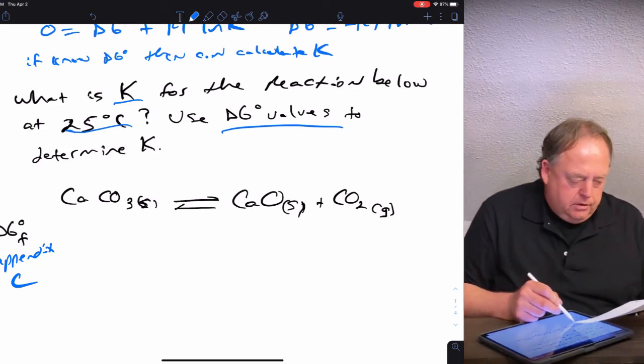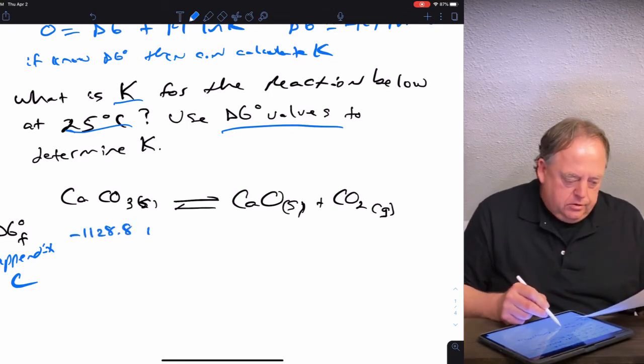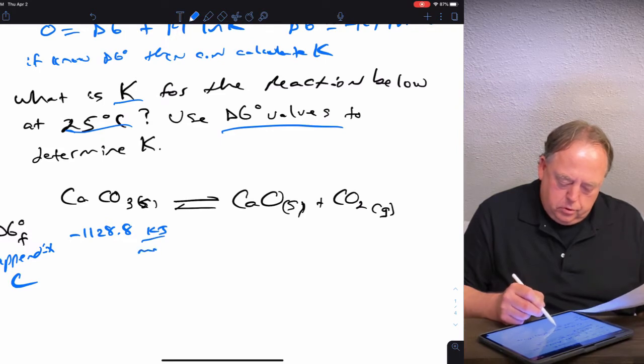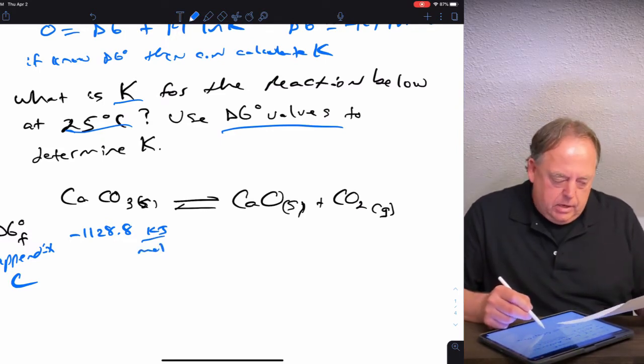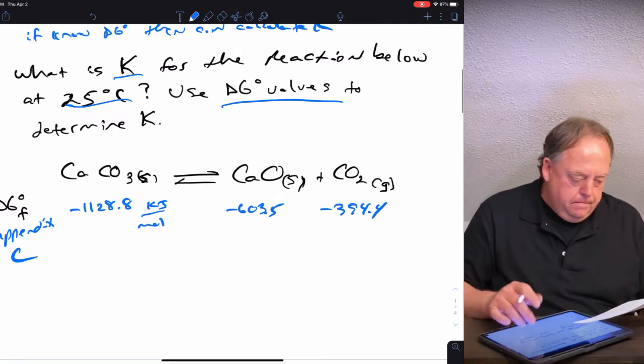For calcium carbonate, it's negative 1028.8, and these are all kilojoule per mole values. For calcium oxide, negative 603.5, and for CO2 gas, negative 394.4.